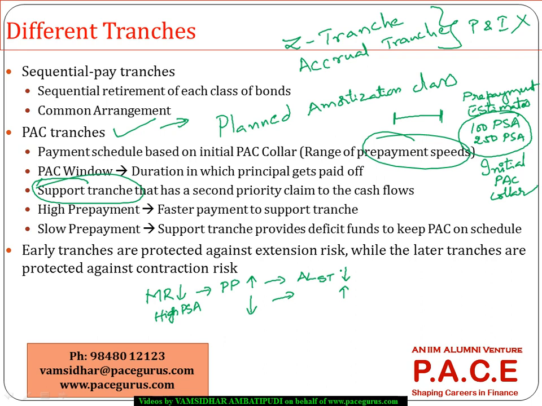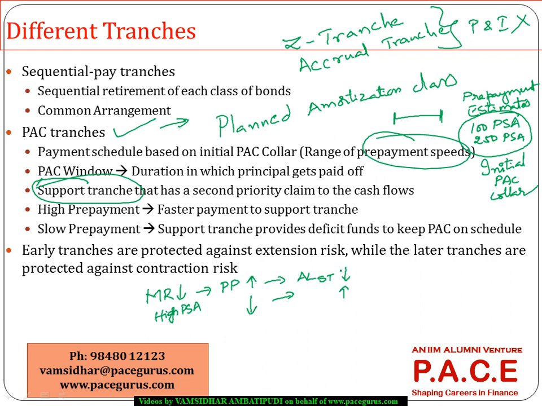As long as the prepayments are within a particular range, the support tranche life could go from a very high average life to a very low average life, and in general we call that particular range an effective collar range. So this is also one more kind of CMO class that is typically created.